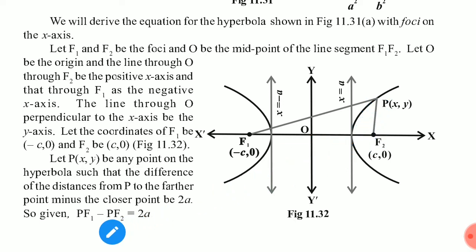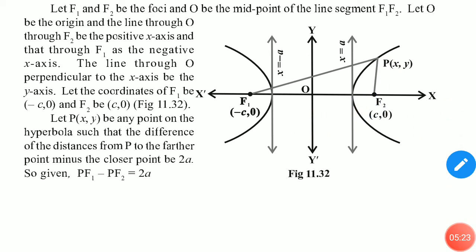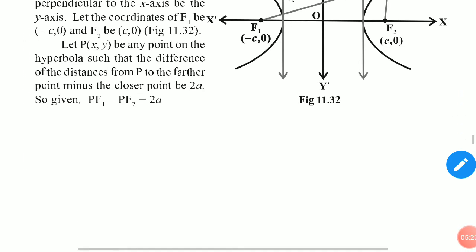Now take PF2. For the distance PF2 we can use the same formula, the Pythagoras theorem, and write down this distance. Now put these distances in the formula.